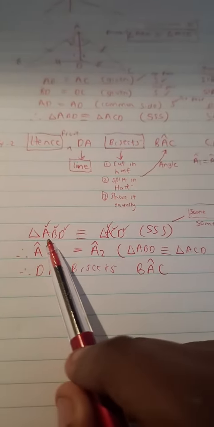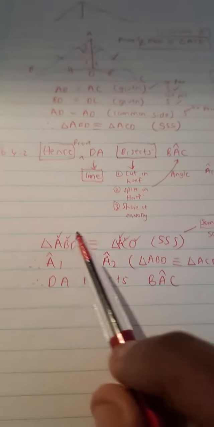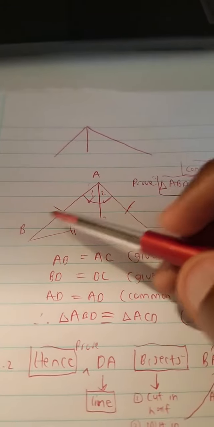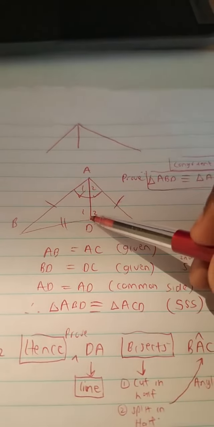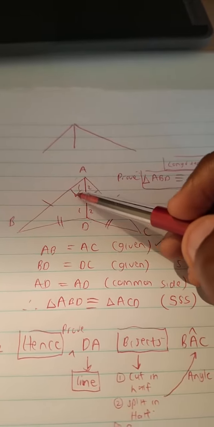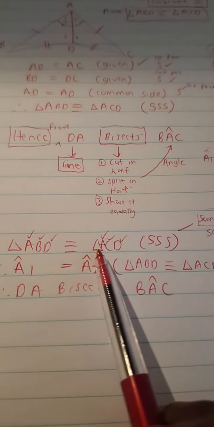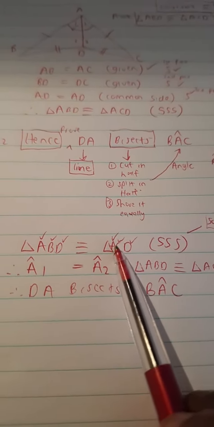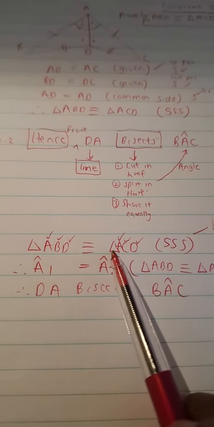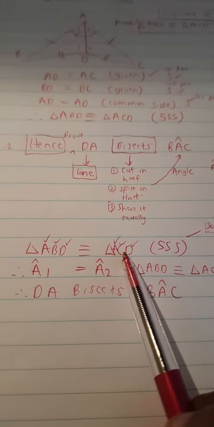Therefore, this angle A is equal to that angle A. But the question is, this angle A for triangle ABD is which angle? It's angle A1, this one. And then for triangle ACD, in that first position, we have A as well. So that A and that A are equal because the order is correct for congruent triangles.